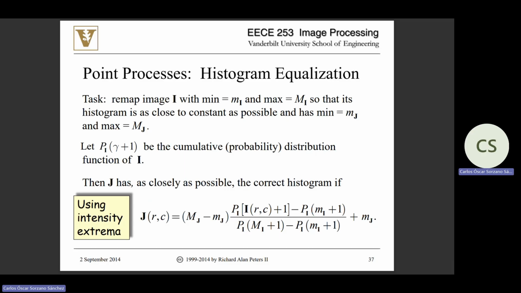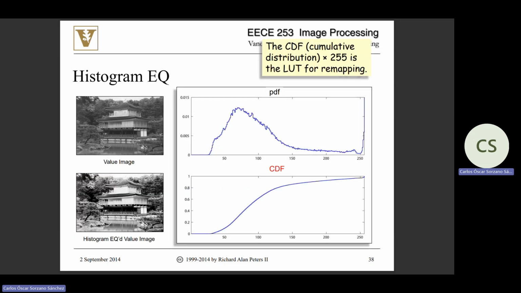This is just to compare with the minimum and maximum, that is a different operation. So let's say that we have this value image, and then this is the histogram equalized value image. What this is doing is, you take this image, you compute the PDF. From the PDF, you can compute the CDF. And now this is your function.